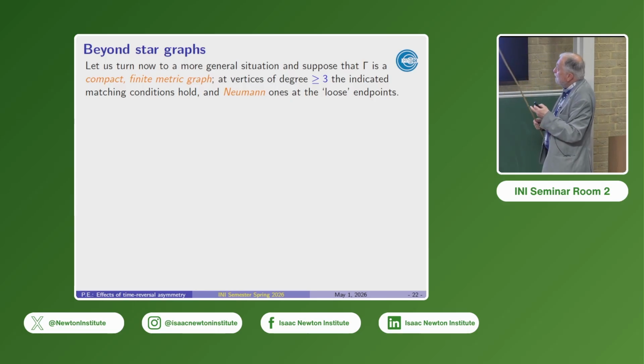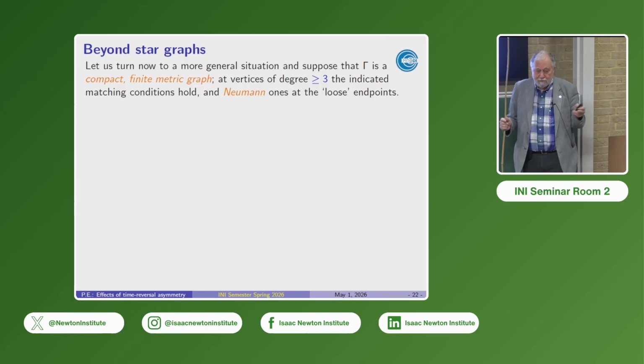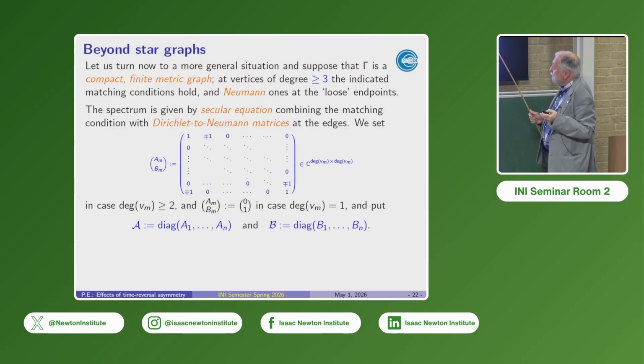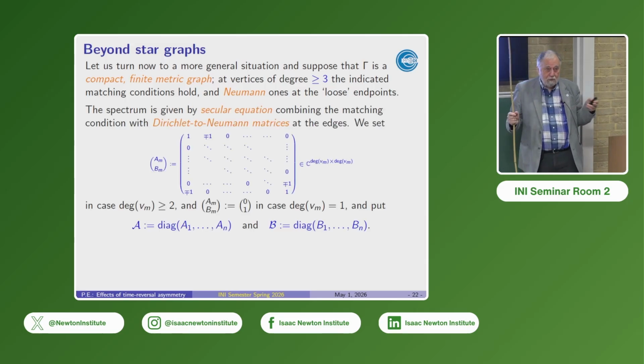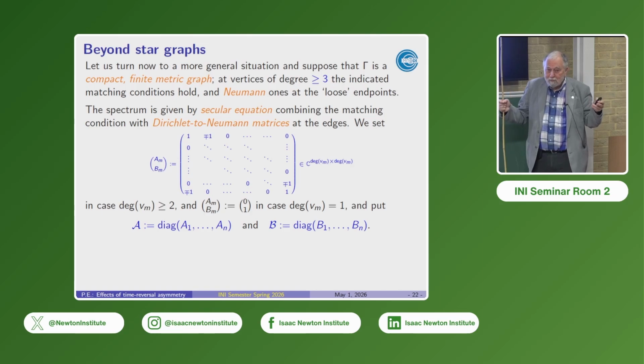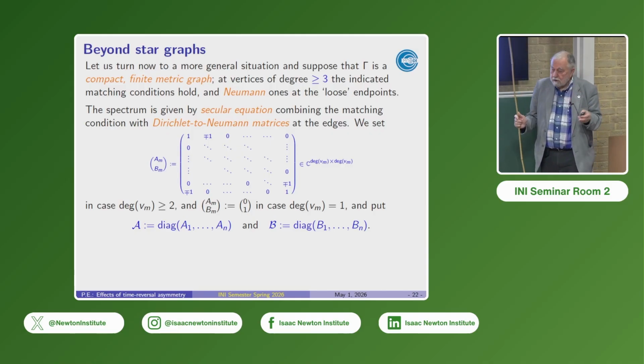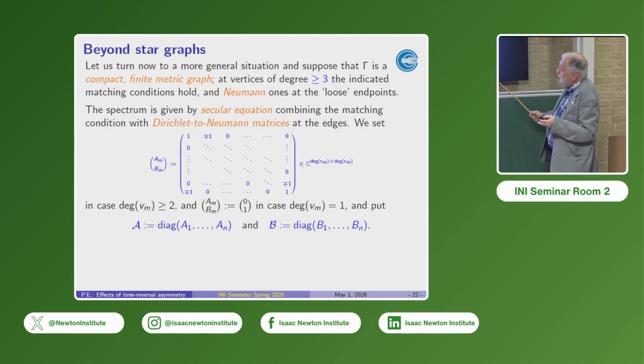What I need now is to look beyond the star graph. I have an arbitrary finite graph, with a finite number of edges, and I want to know what happens with the spectrum, or how to optimize the spectrum in terms of the topology of the graph. So I need the spectral condition generally. To write it, I write A and B, which is just the matrix U plus 1. In fact, I'm not consistent.